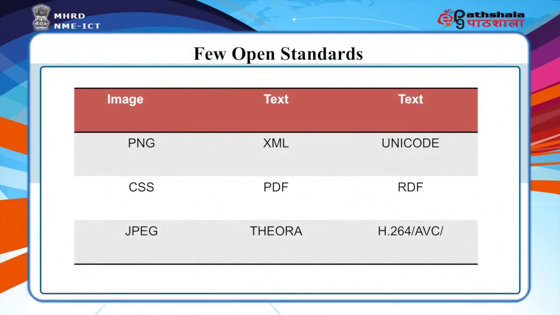A few open standards are PNG for images, XML, as I mentioned PDF, CSS, the cascading style sheet, MPEG, JPEG, Unicode for languages, regional languages. Now recently RDF and H.264, all these are coming as open standards.